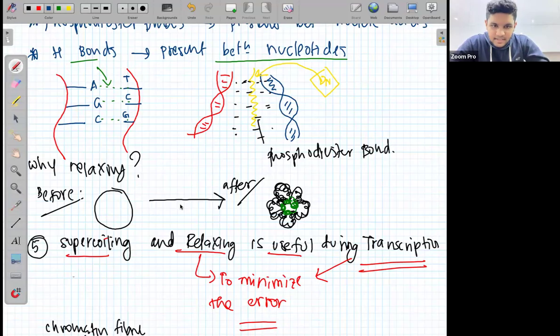One student has mentioned it is clear. I need confirmation from the other student also. Is it clear?